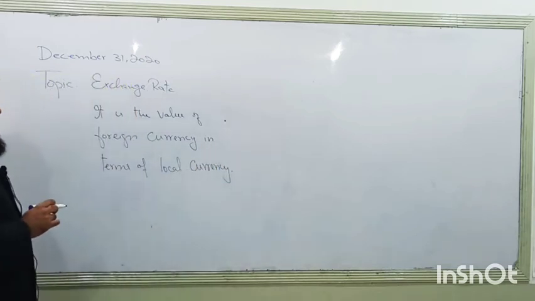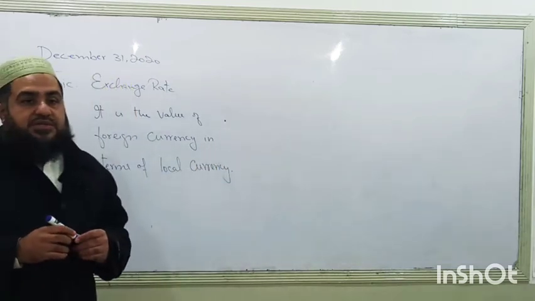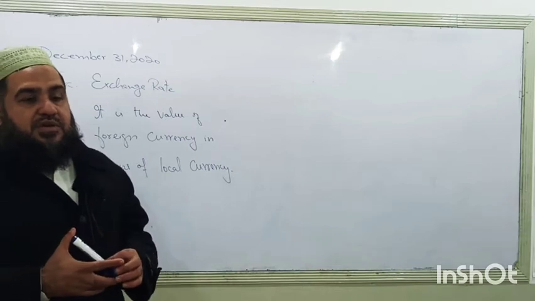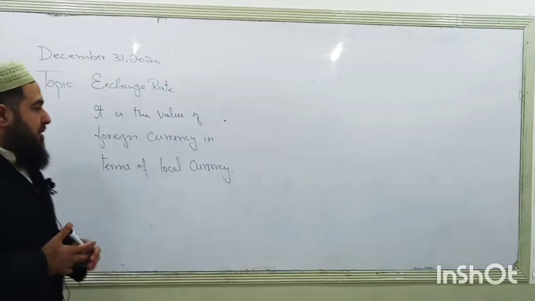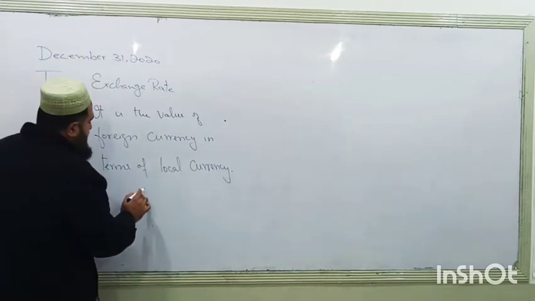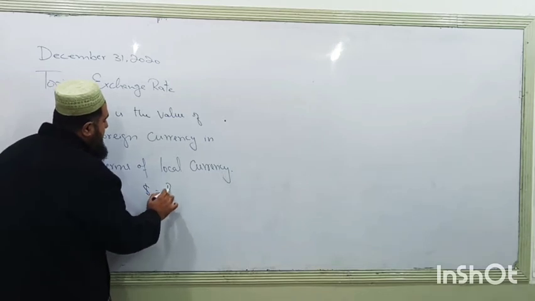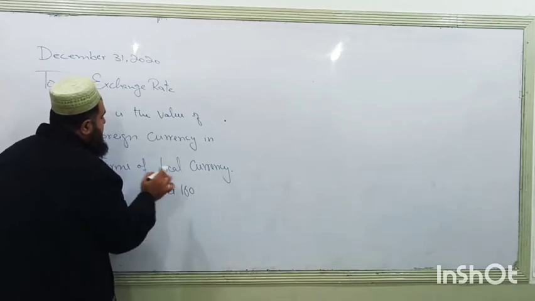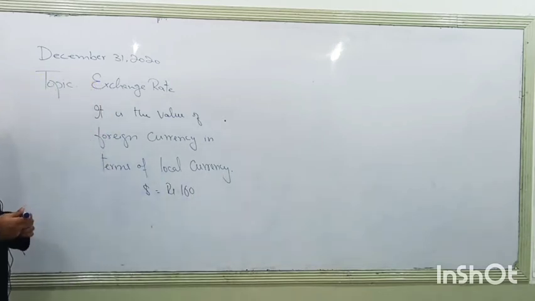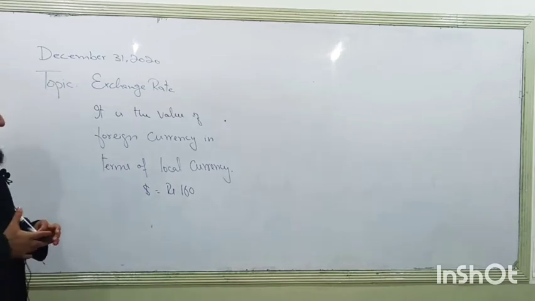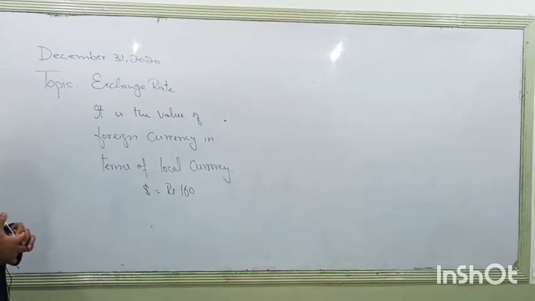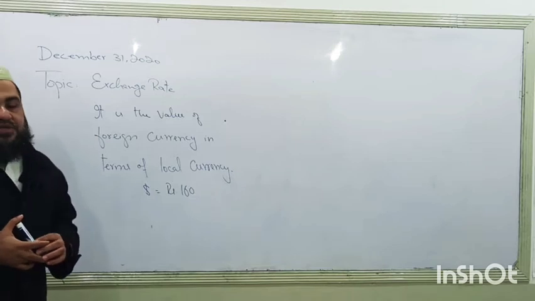That means how many units of local currency are required to exchange 1 unit of foreign currency. For example, $1 equivalent to rupees 160. This is our exchange rate, that today $1 will be exchanged with 160 rupees.